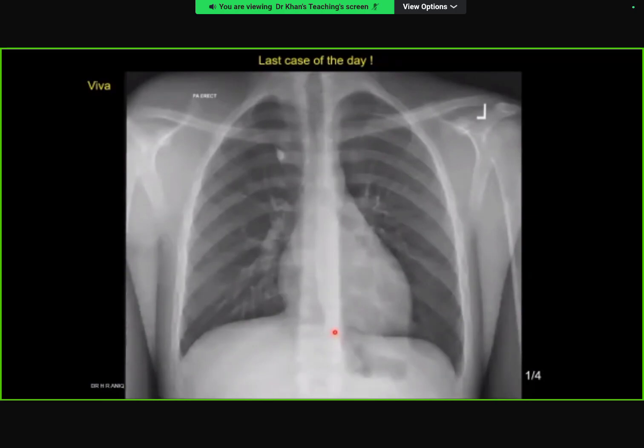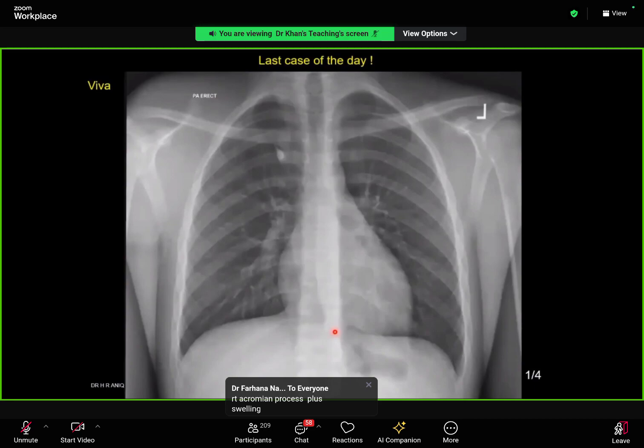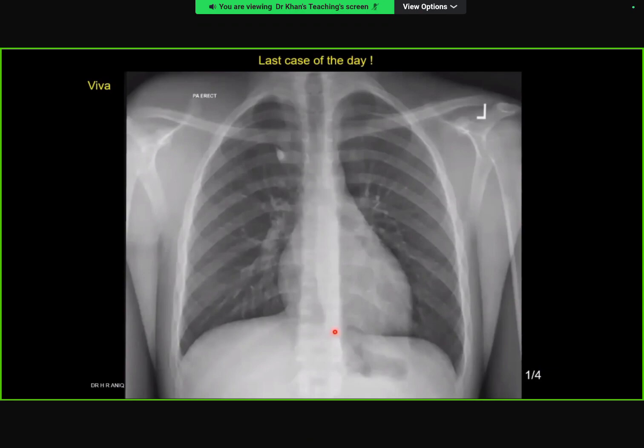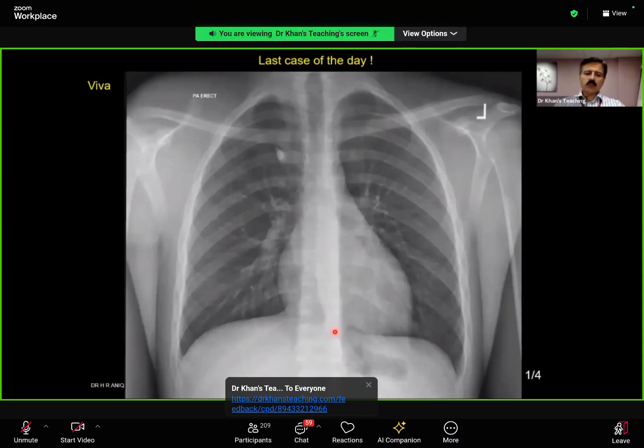Looking at the ribs, I can't see any destructive rib lesions. And looking at the spine posteriorly, there's a vertebra that appears to be slightly more loosened. Look at the soft tissues, please.